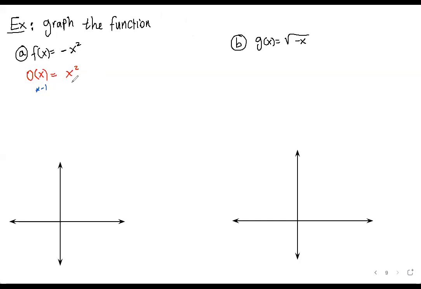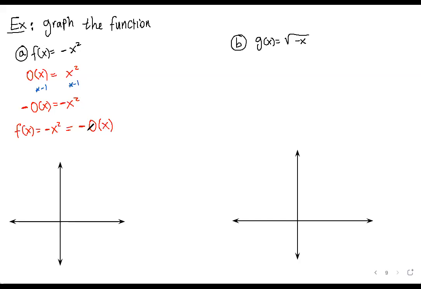Yes, multiply by -1 for both sides. So now I get minus O of x equal minus x squared. Now, this function is exactly similar to this function. So this means f of x is equal to minus x squared, equal to minus, outside the function, O of x.